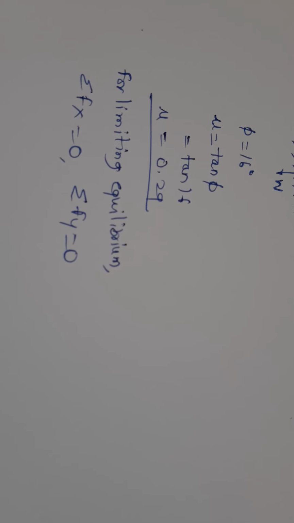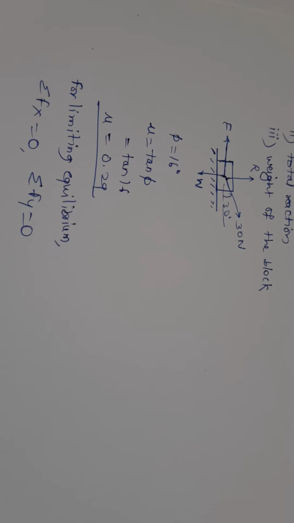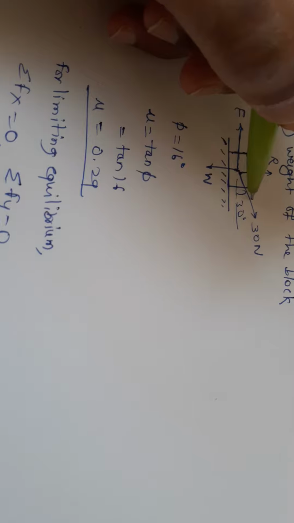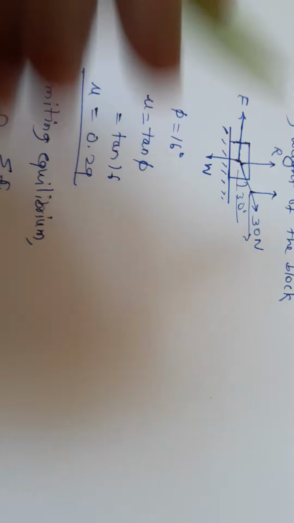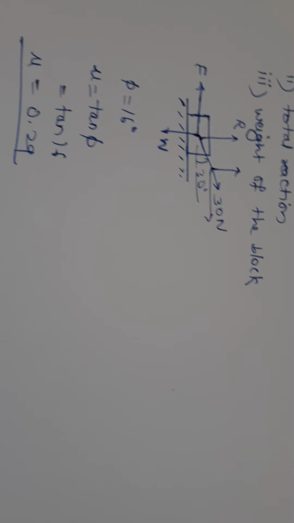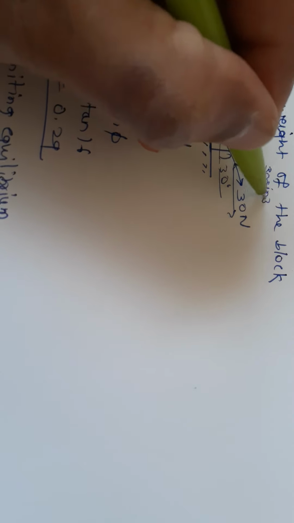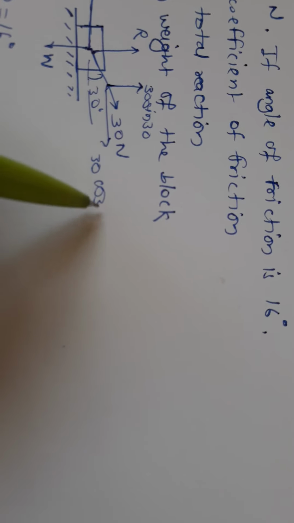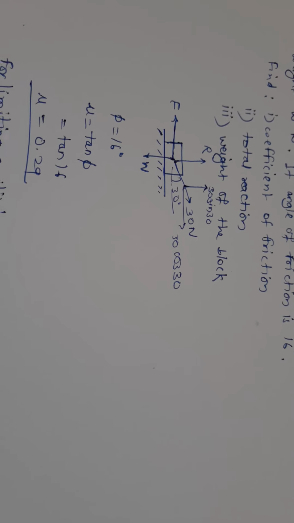So in x direction, the 30 Newton force is acting in inclined position. We will take its two components. One component is 30 sin 30 and another component is 30 cos 30. So these two orthogonal components we will use for the force resolution.